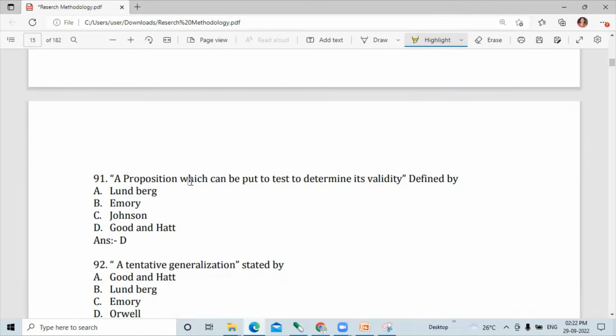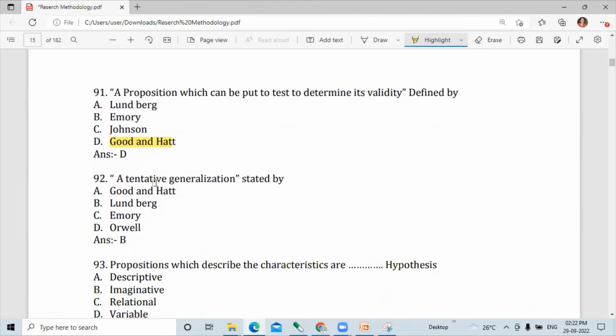It is defined by Wood and Hack. Next question is a tentative generalization. It is stated by Lundberg.